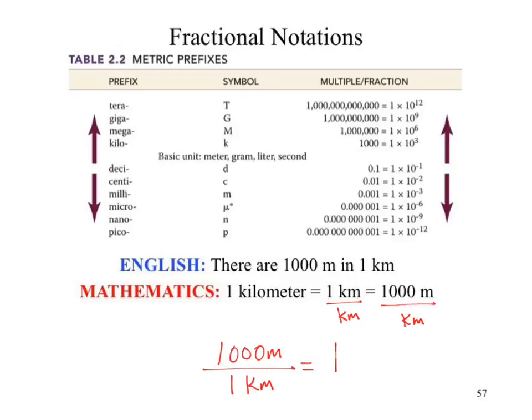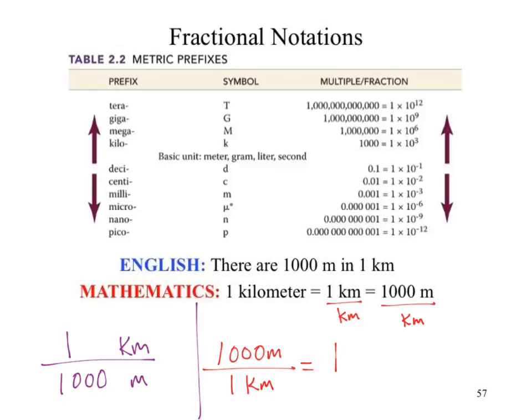Did I have to solve for it in this fashion? What was an equally valid fashion to organize that? 1 kilometer over 1,000 meters. Equivalent. Still 1.